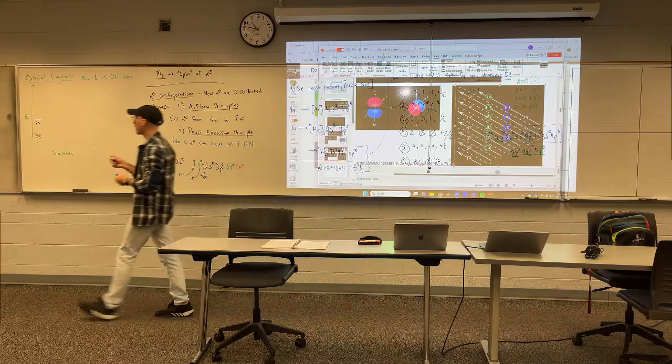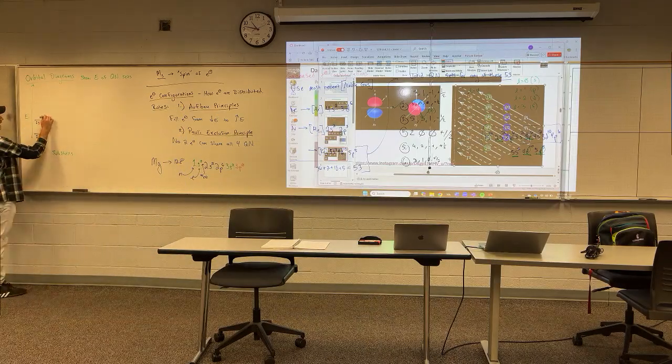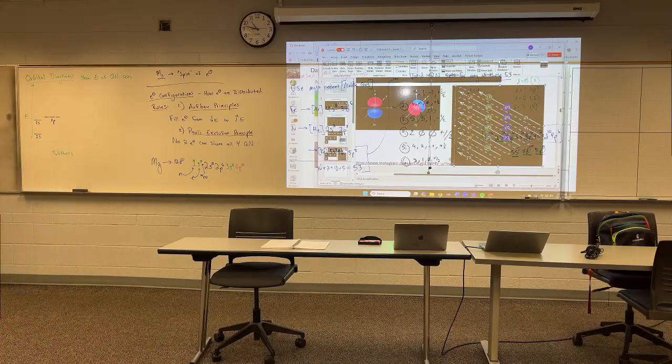The p subshell is slightly higher in energy. And notice how there are 3 individual orbitals. This would be -1, 0, +1. L equals 1, m sub L equals -1, 0, +1.